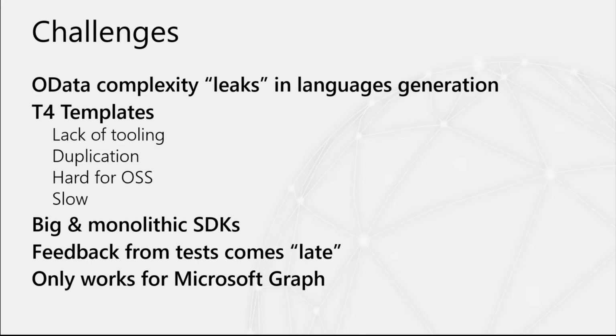This is not so much a problem for backend APIs on servers that have tons of space, but it might become a challenge for mobile or front-end applications, where you want to trim down the size of the application so it's easier to distribute to the end user. So that's another challenge. Today we are only able, via that tool, to ship SDKs for the full API, not a subset. Also, the feedback from the tests comes very late.